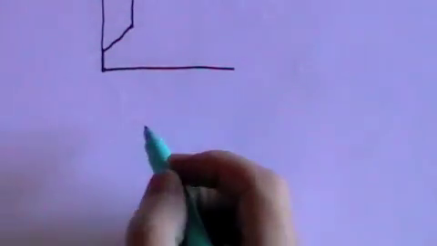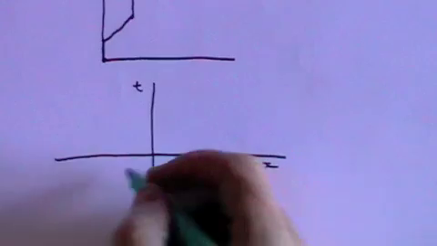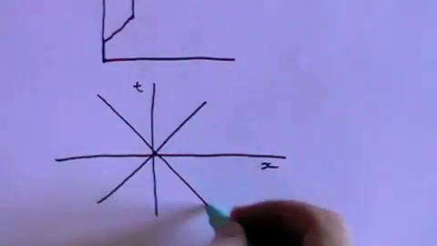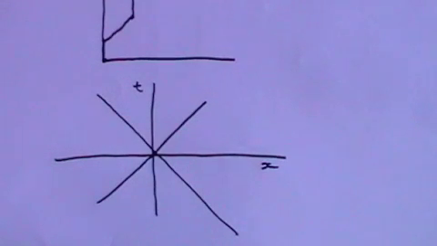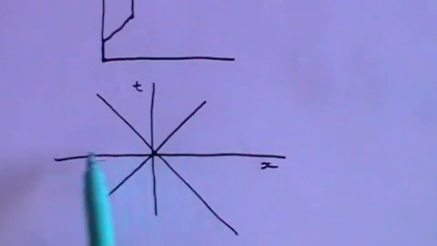Now we can draw the diagram in a slightly more complex way, and that is to say that those are the time and space coordinates, and we'll also draw in the speed of light coordinates. And what we're really saying here is that you can travel to the left or to the right on the x-axis.